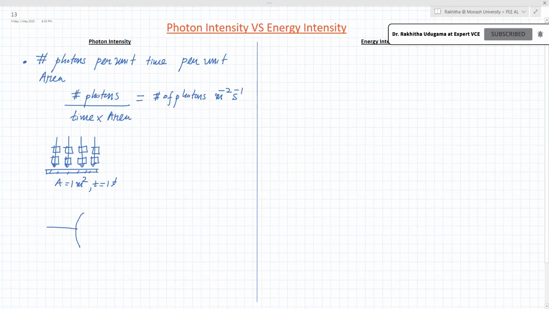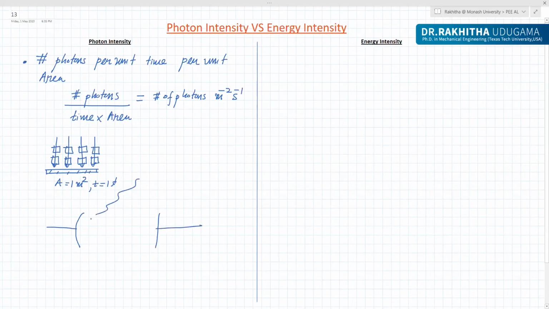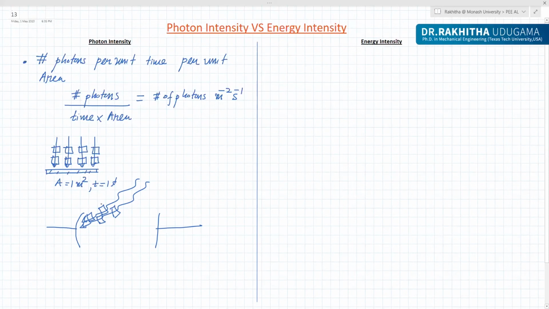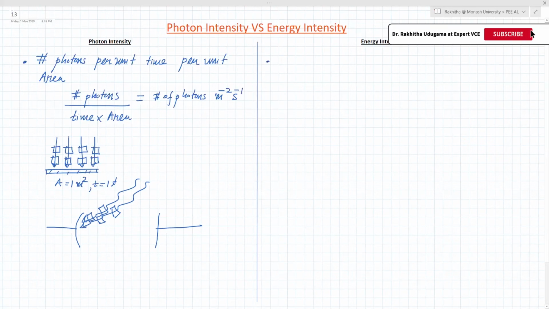Now, if you have the photocathode, when we make a beam incident, many photons are coming, right? If they give you the photon intensity, that means the number of photons per unit area per unit time. But when it comes to energy intensity, this is a little crucial.